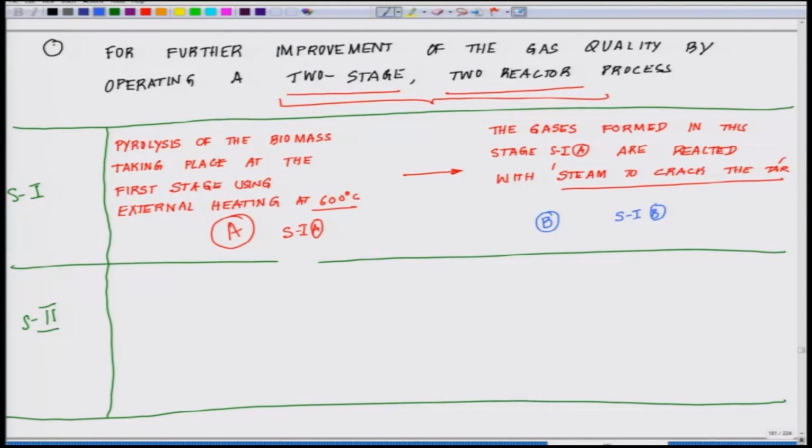Now, what is getting generated out here, you take this. Now, we are starting the stage 2. So, I told you 2 stage 2 reactors. Okay.